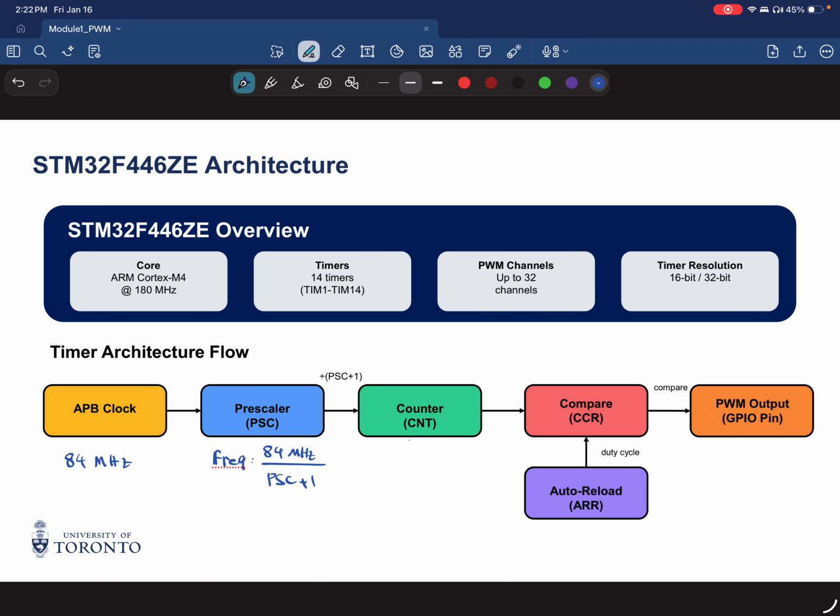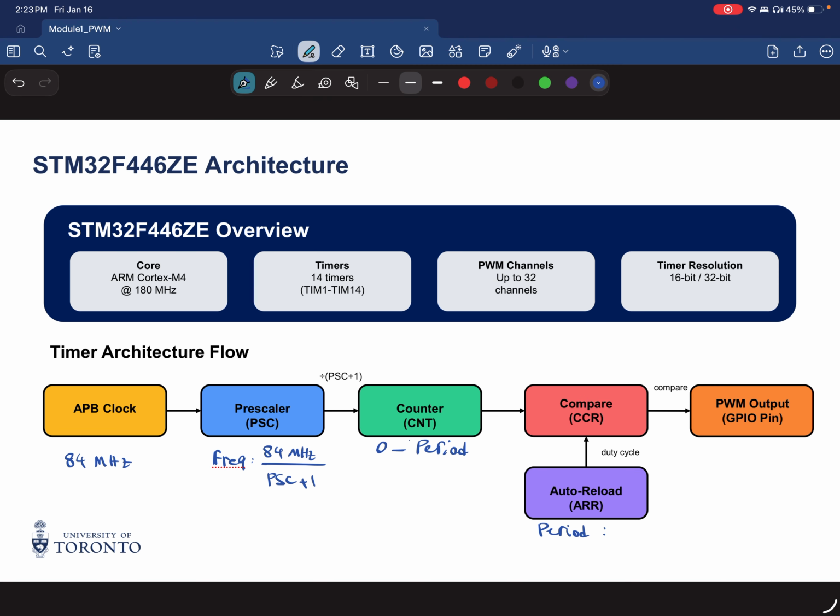Then we give this to a counter. This counter goes from 0 to the period, which is defined by a register called auto reload, ARR.